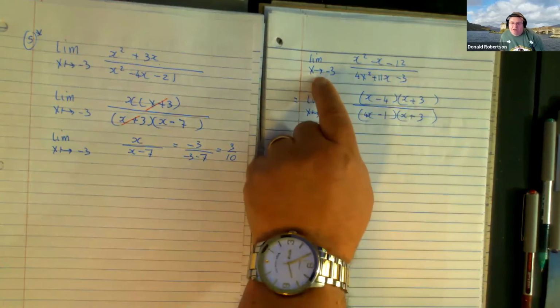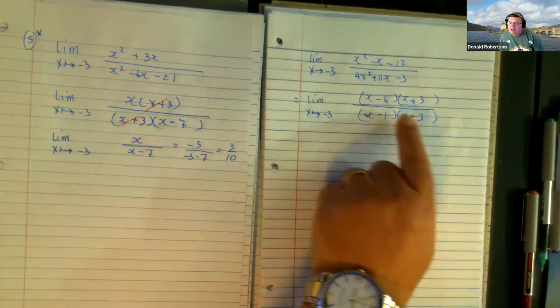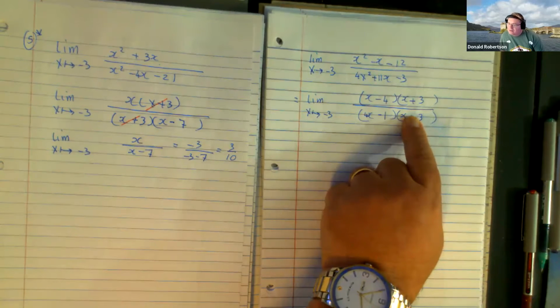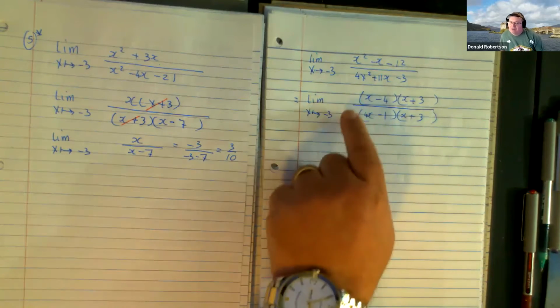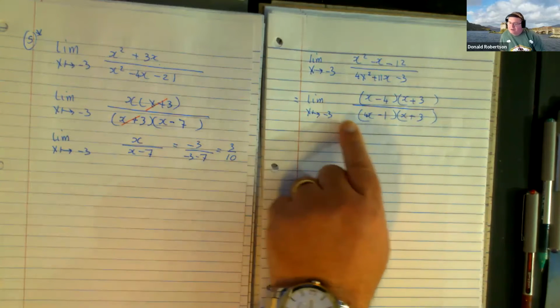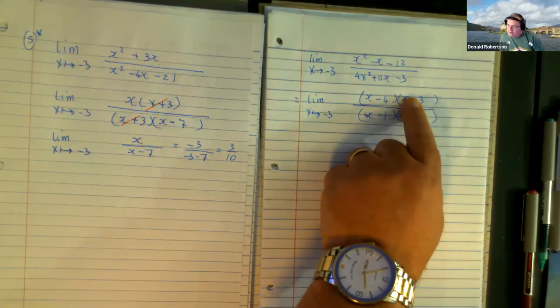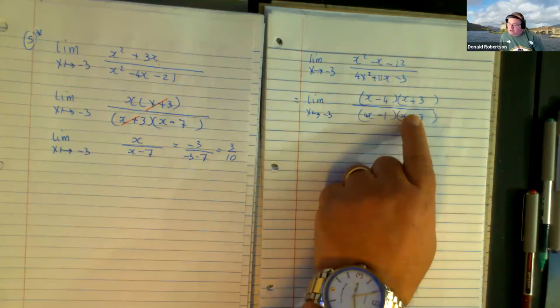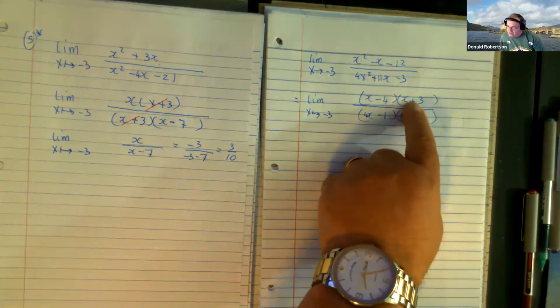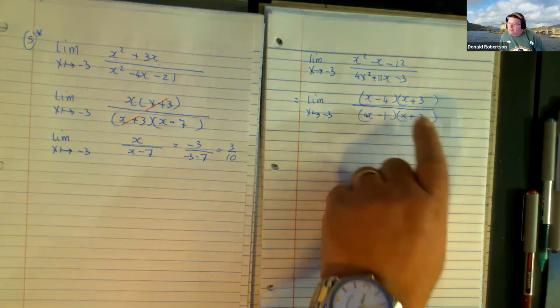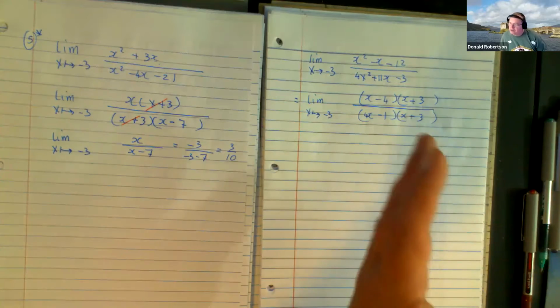If this was the limit as x tends to 7, I bet you would have an x minus 7 on top and an x minus 7 on the bottom. So you can actually use this number to indirectly figure out the common factor, because the top is going to have the same as the bottom, right? So if this is an x plus 3, won't that also have to have a common factor? It's going to have an x plus 3.